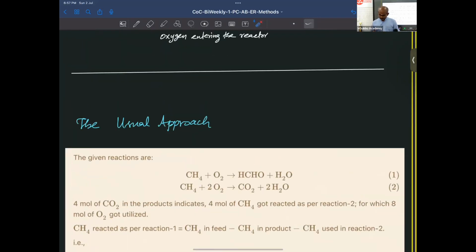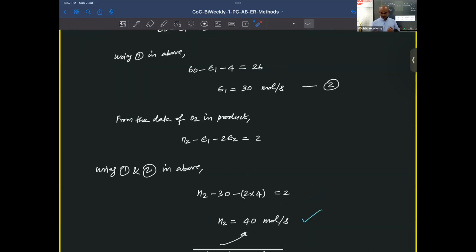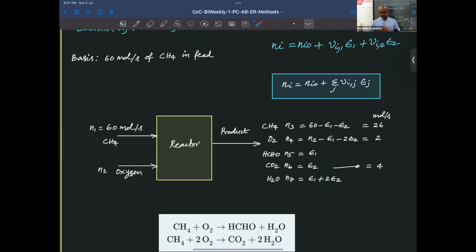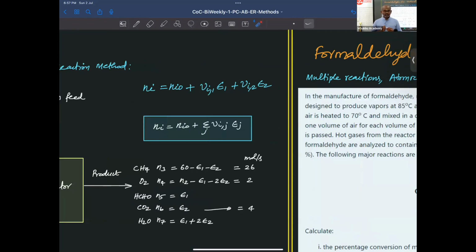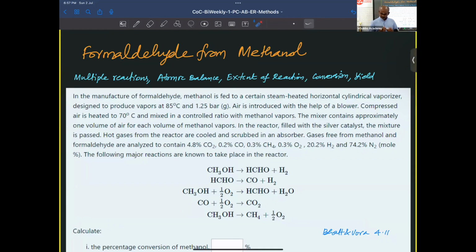But for the other 2 methods, namely atomic balance and extent of reaction, though the steps are lengthy, the solution is guaranteed. That is, the answer is guaranteed. So in that way, you can definitely consider these 2 methods. And I will explain the usage of these methods for slightly more complicated equations.